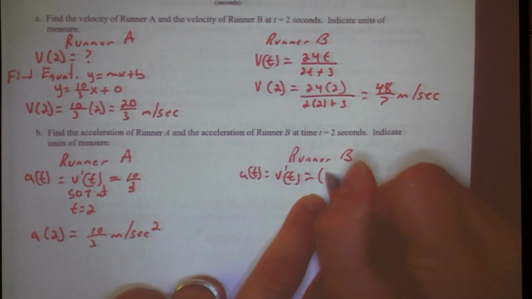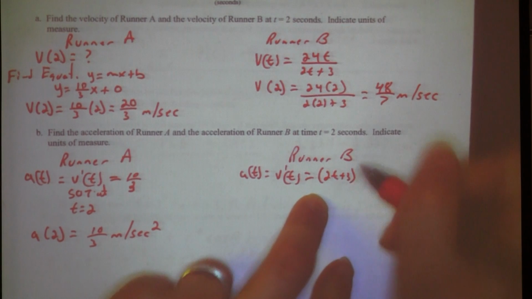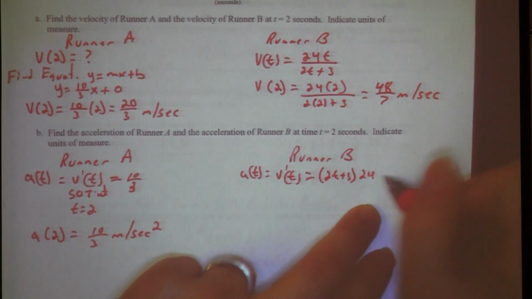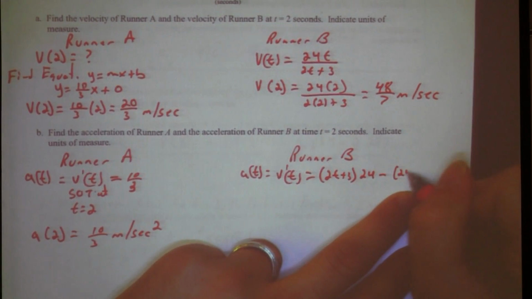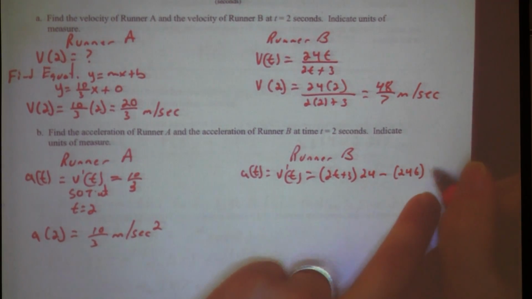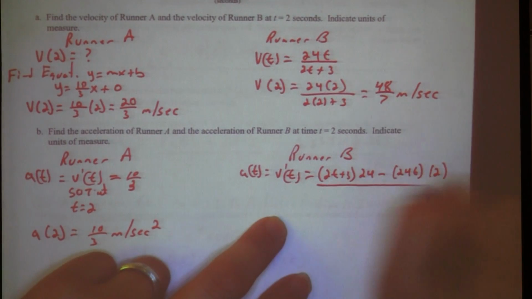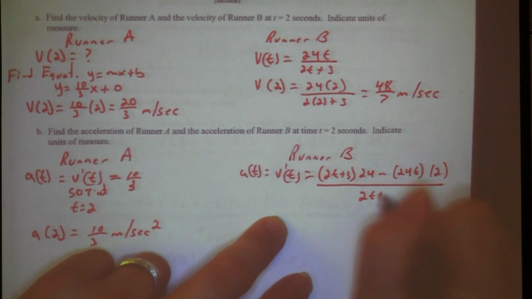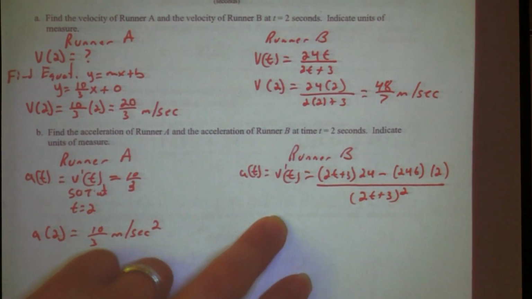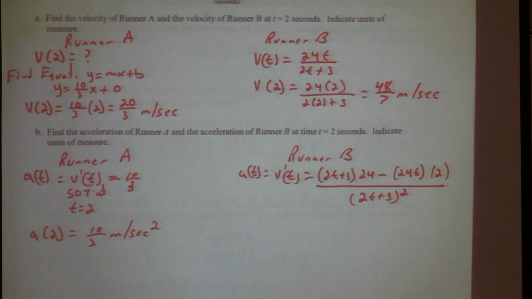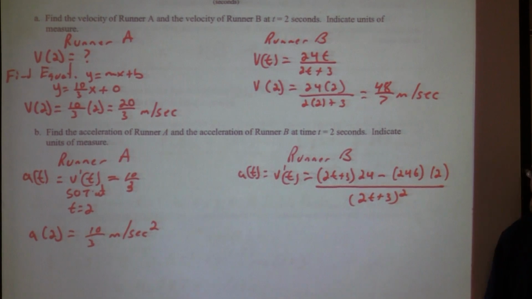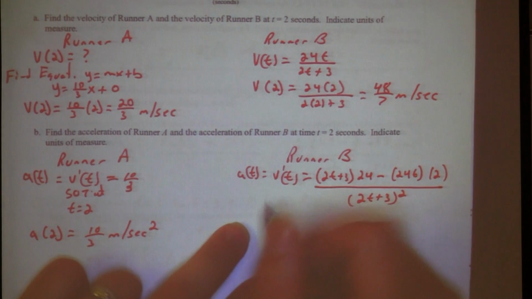Low, D high, minus high, D low over low squared. Okay, do I need to expand it or anything, or can I just plug in numbers at this point? Just plug in numbers, right? I don't want to possibly make a mistake there.